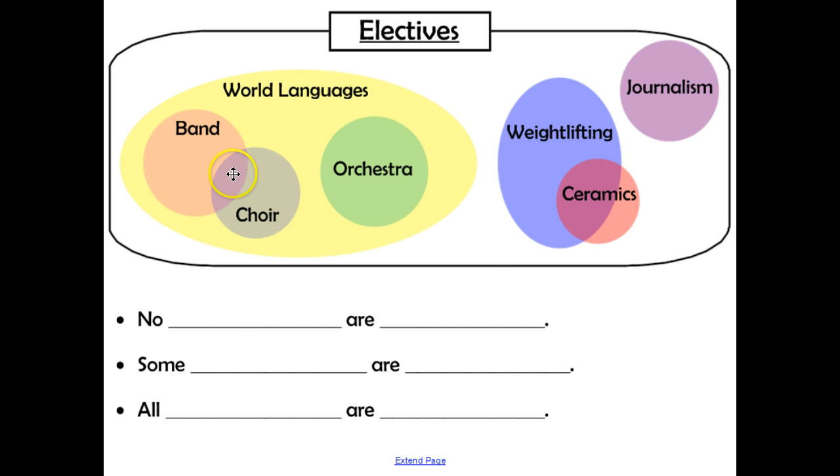But still, based on the way that the Venn diagram is set up and how these are either fully inside, overlapping, or completely separate, you should still be able to fill in the blanks to these 3 types of statements. So you don't actually have to know what the terms are, just how to read a Venn diagram.